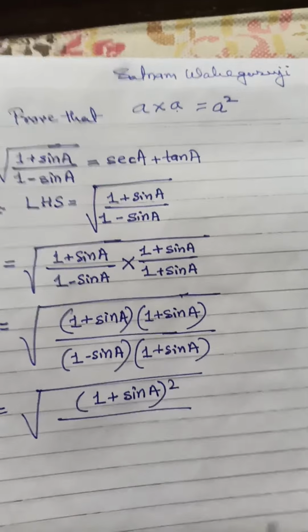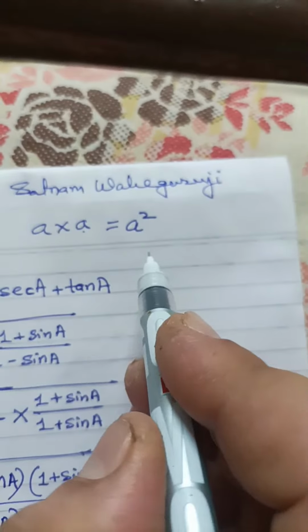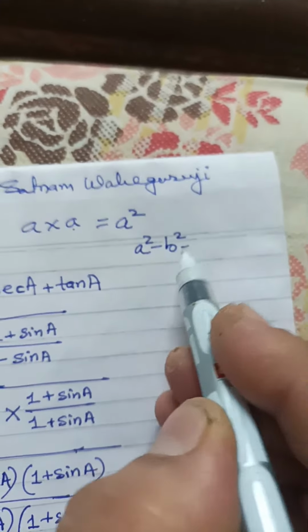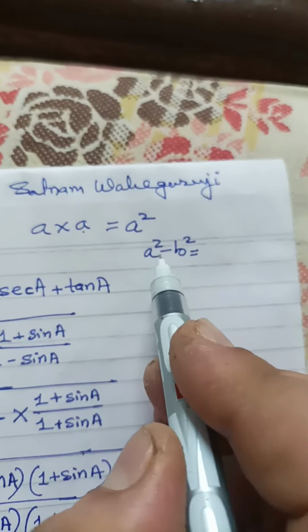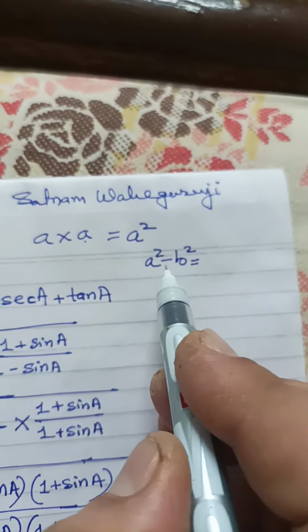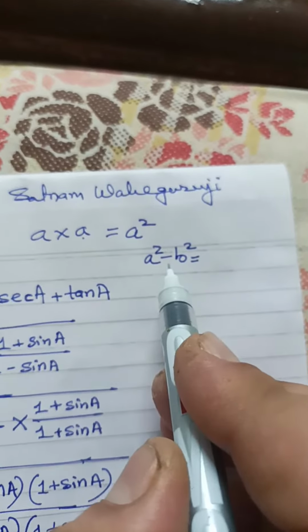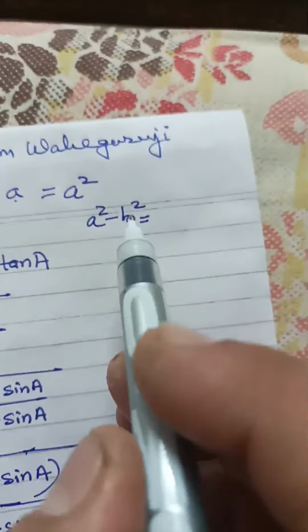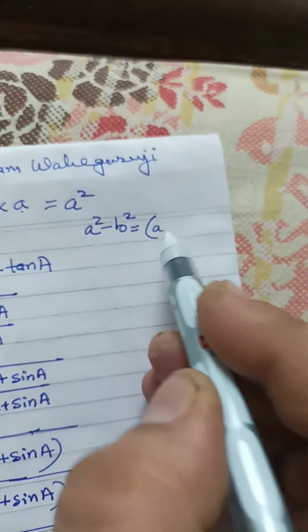Also you have learned the factorization method of a square minus b square. When there is a square of two terms and there is a difference of those two terms, a square minus b square, then what will you do?